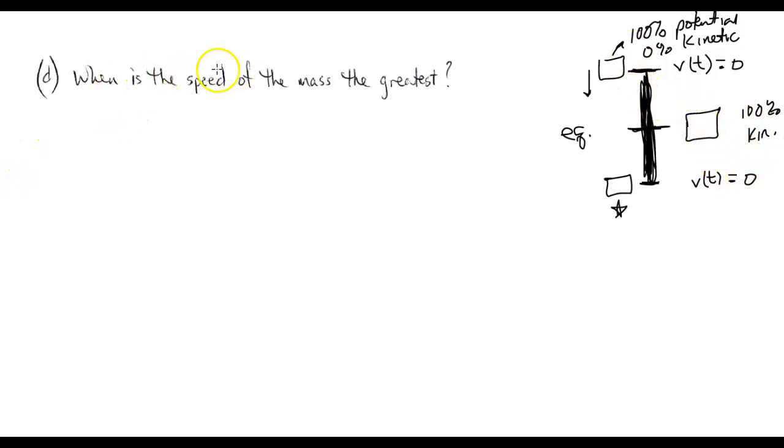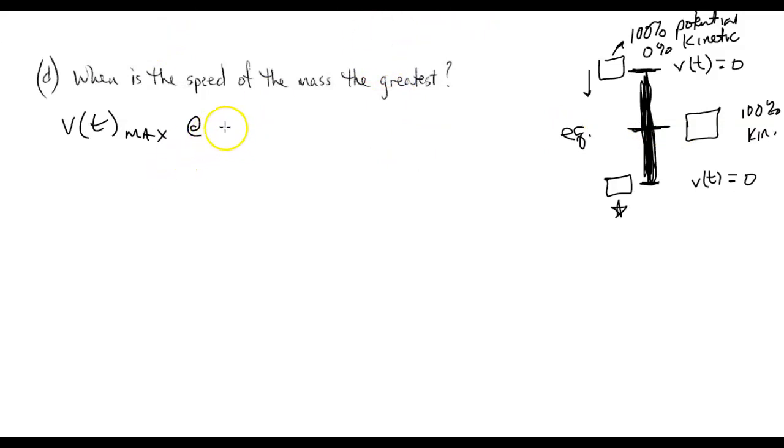So this question asking when is the speed of the mass the greatest, well, V of t is going to be maximized at the same place where it passes through the equilibrium. Okay.